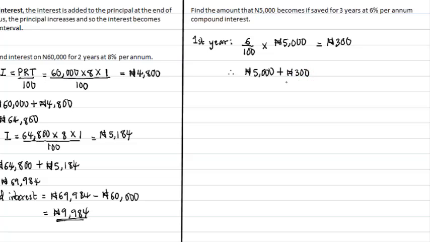So the 5,000 plus the 300 will give us an amount of 5,300.